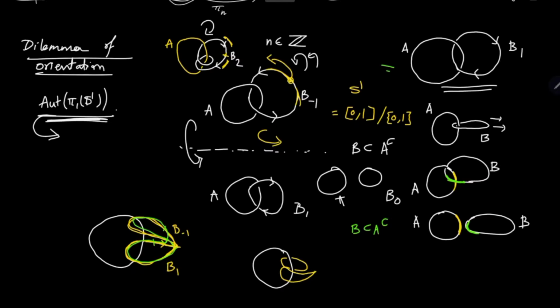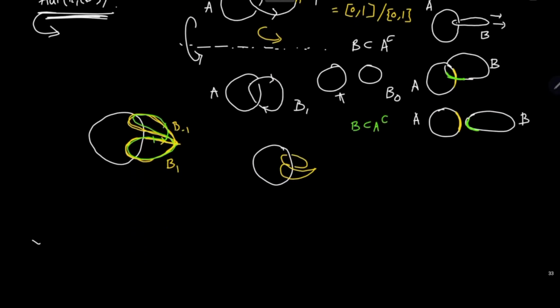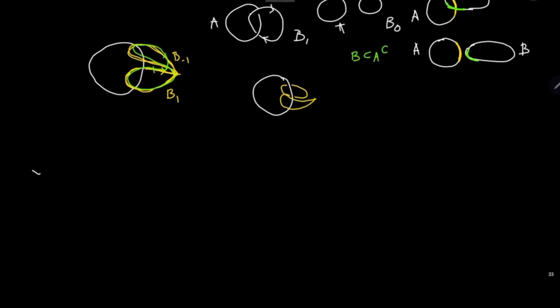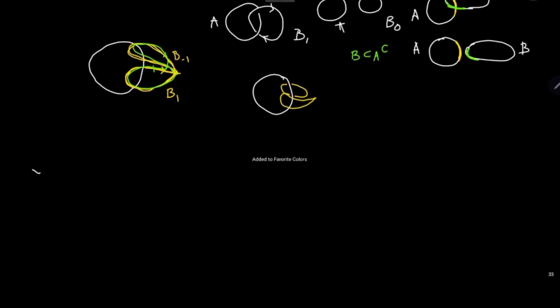And this, as you can see, let's say, I should probably draw it in a slightly better way, which is like this. You start at the base point, go over this, pass below like that, then again pass on top of that, and then return to here.